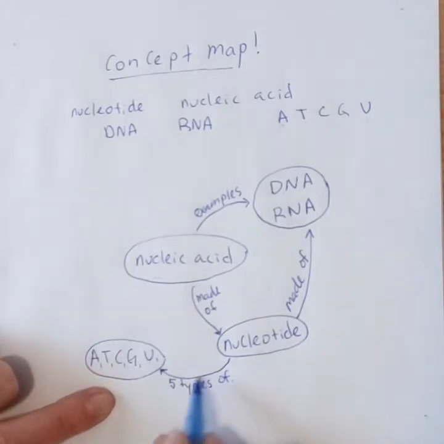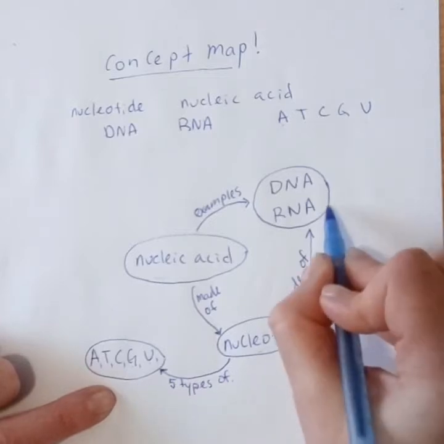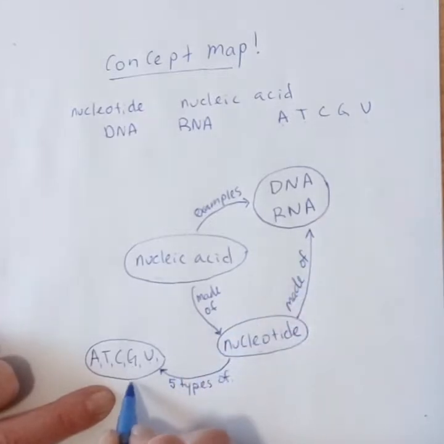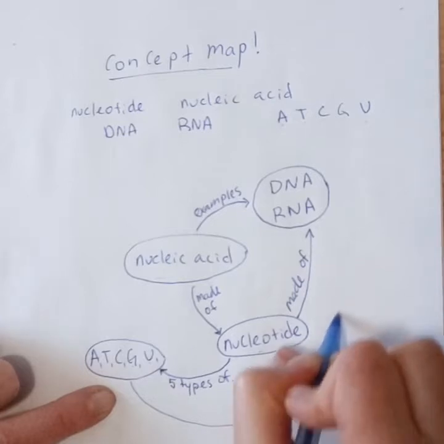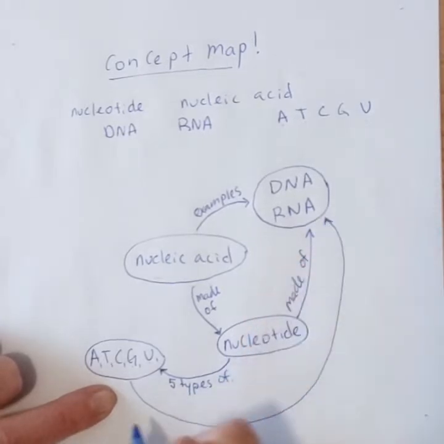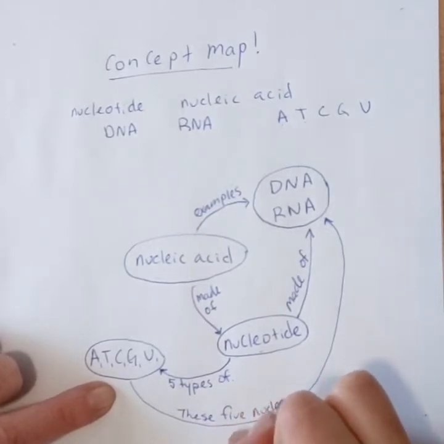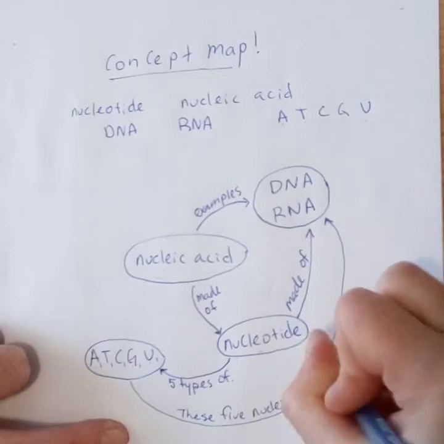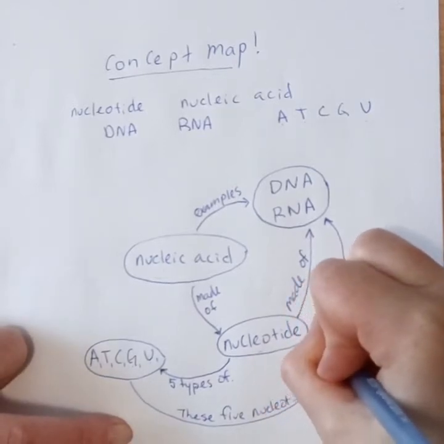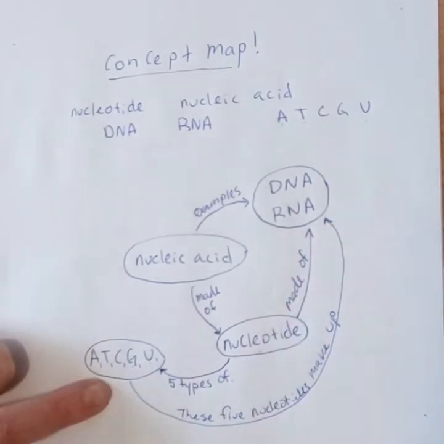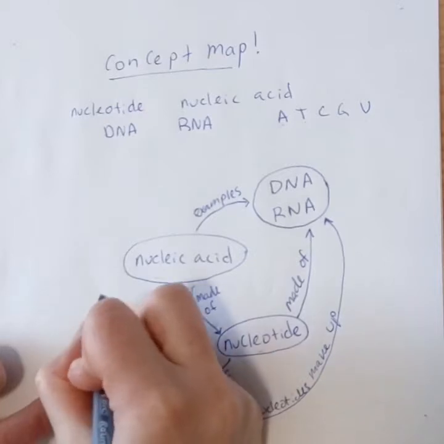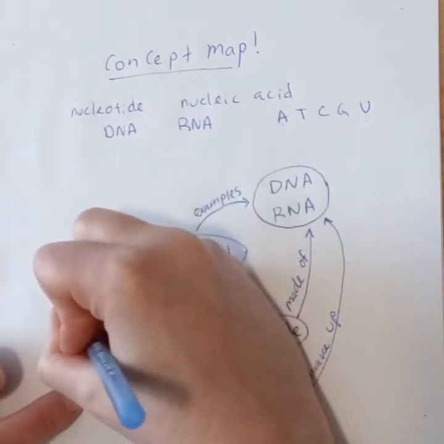And since these are connected, that means that I could totally connect these to DNA and RNA. DNA and RNA are made of these 5 types. And I could even add that nucleic acids, these are the subunits.